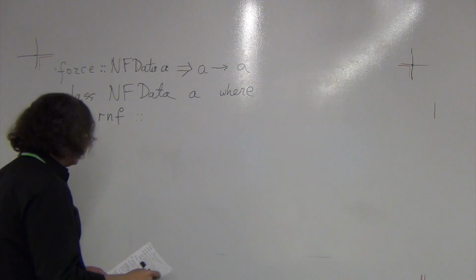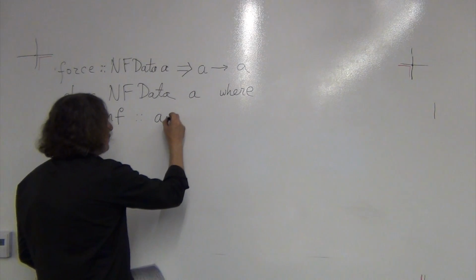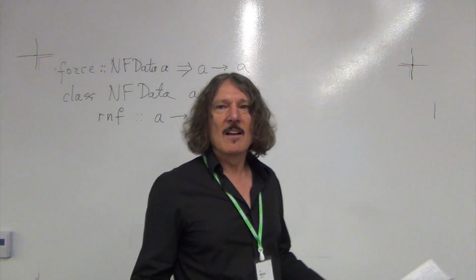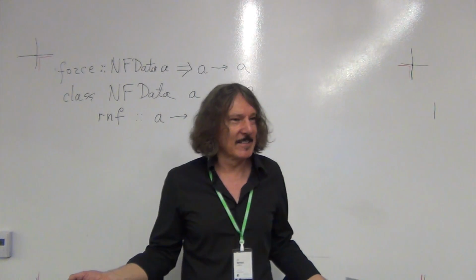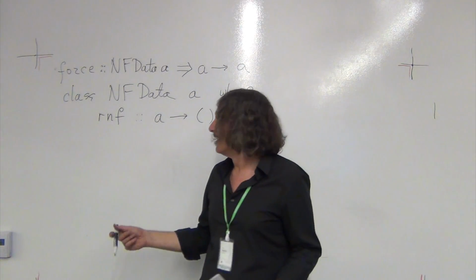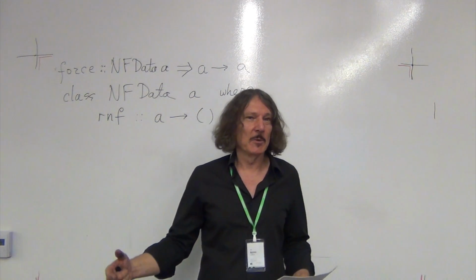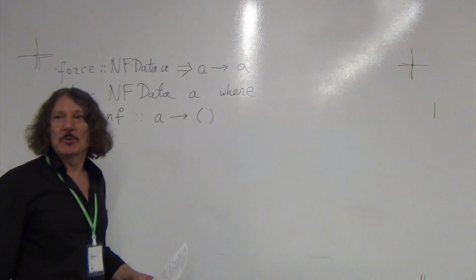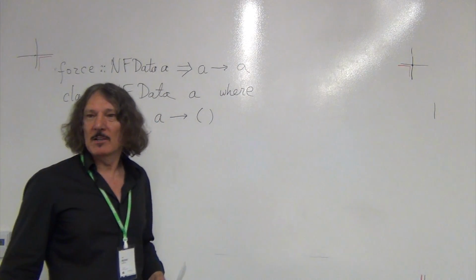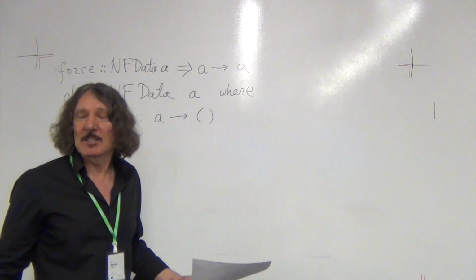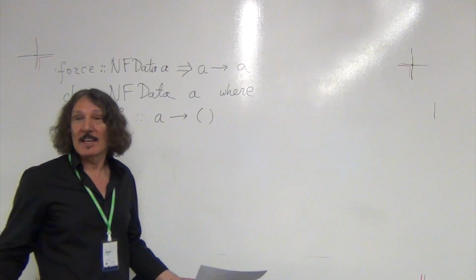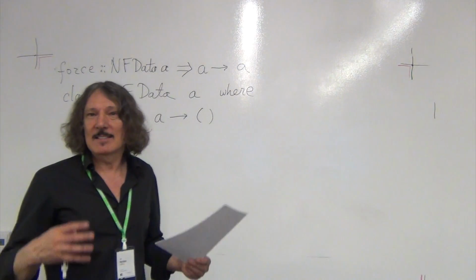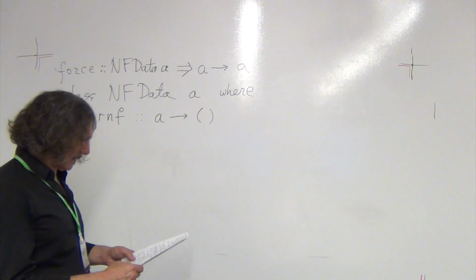This function takes a and returns a unit. So it's just for side effects, right? The side effect of this function is the evaluation. It can just return a unit, because it doesn't calculate anything. It just makes a turn from a thunk into a value. And that's invisible from the semantics point of view. It's totally invisible.